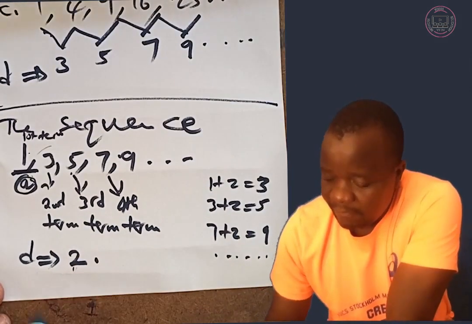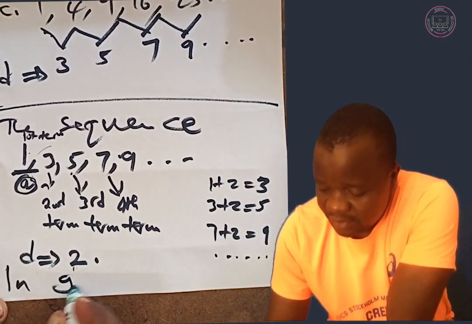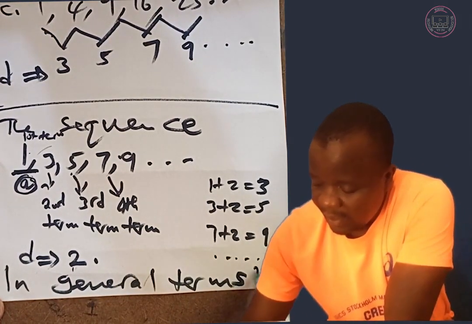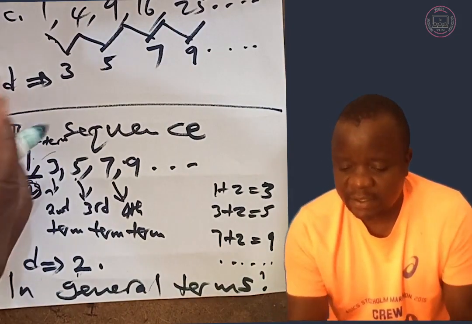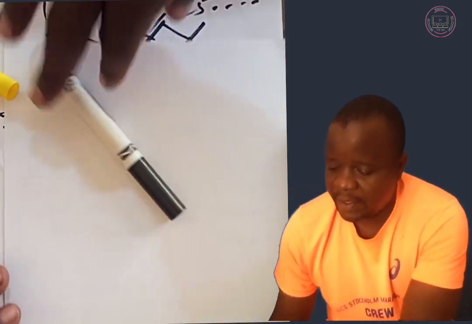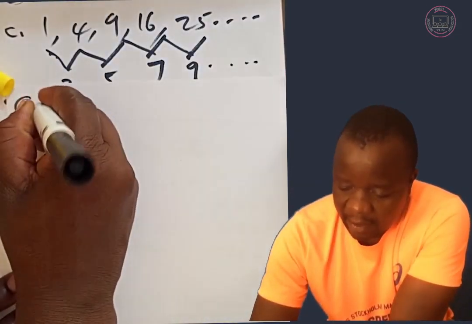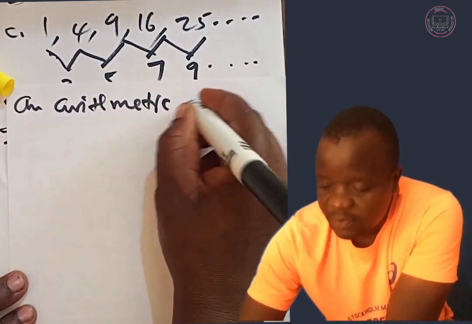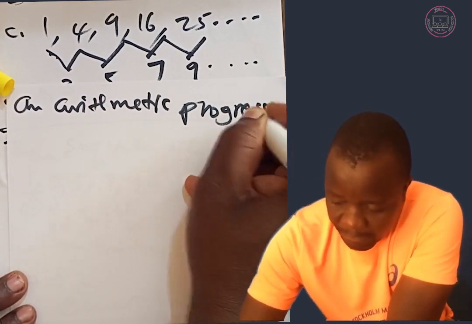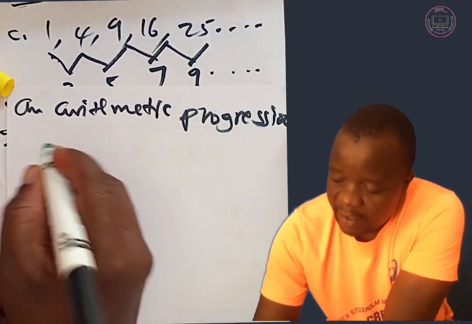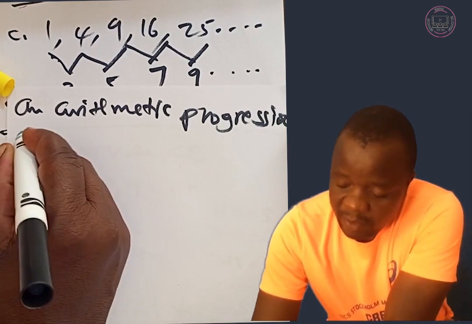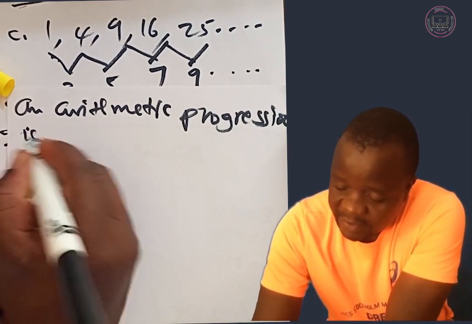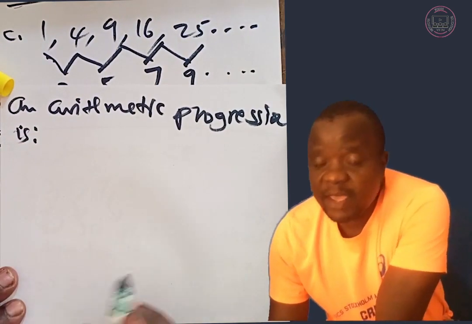Now, for example, in general terms, an arithmetic progression progresses like this. We may have the first term.